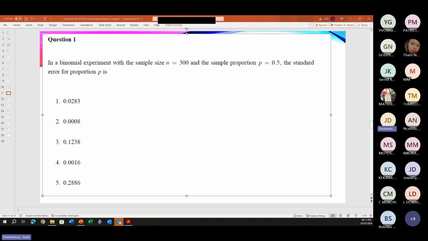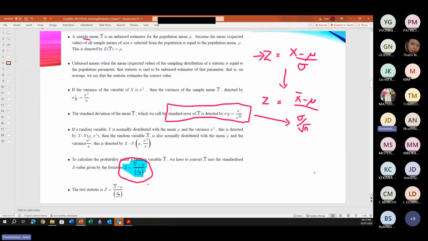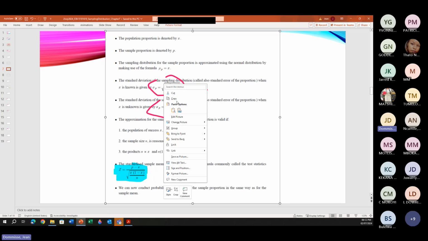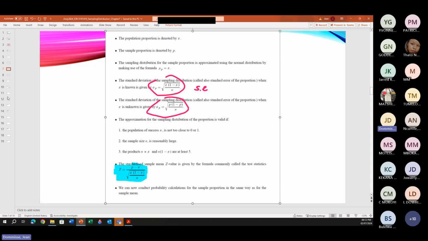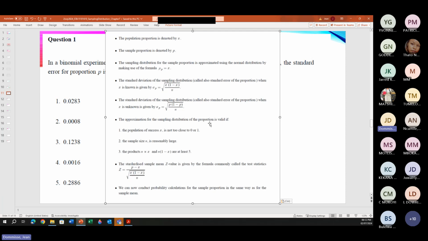Okay, so let's look at this one on sample proportion. But first I normally want to copy the formula. Even if we copy this whole, I will crop it in, because again, it's not something that you need to remember.